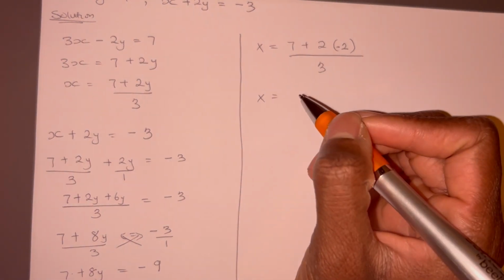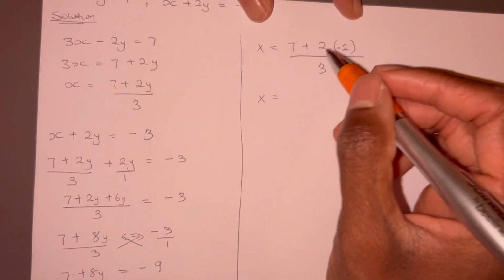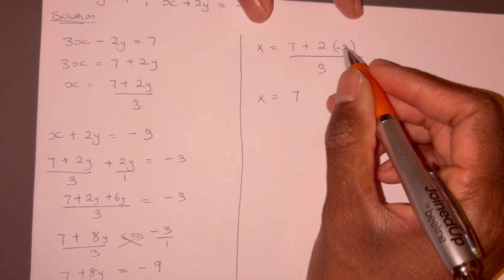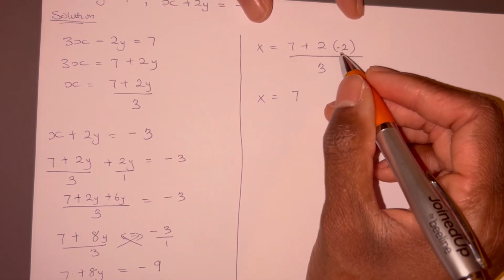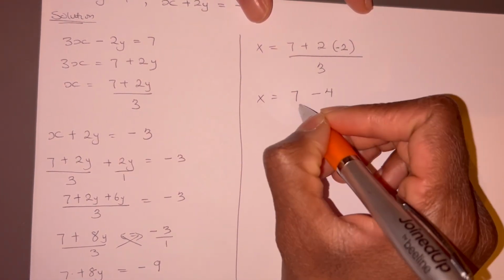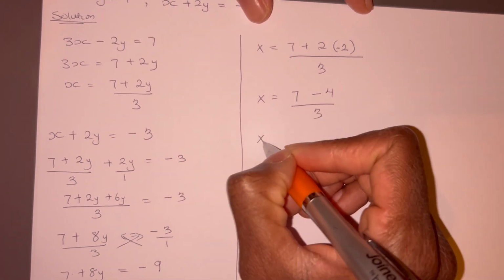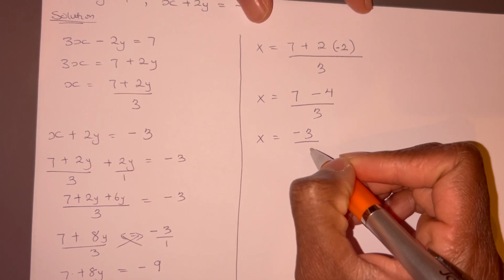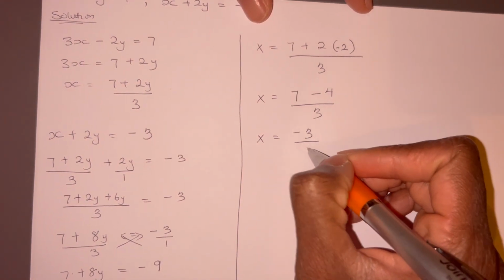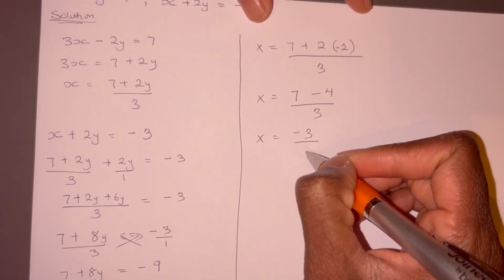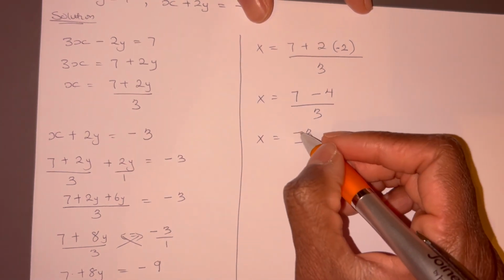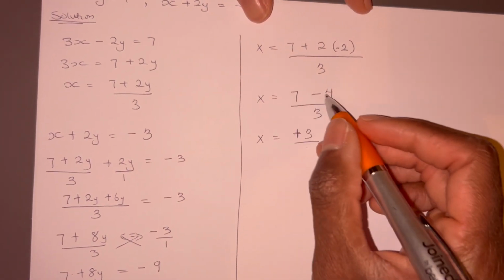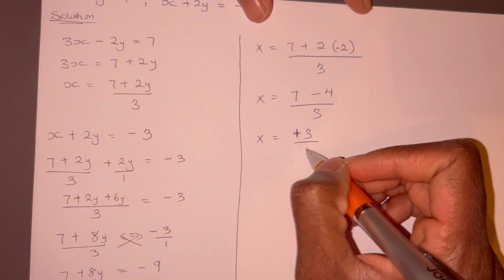So x is equal to 7 plus 2 multiplied by minus 2 is minus 4, over 3. x is equal to minus 3 over 3. Oh, sorry, I mean plus 3. 7 minus 4 is plus 3 over 3.